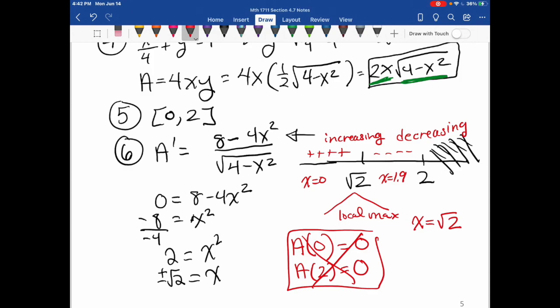Now to actually find the area, I would plug the square root of 2 in, and we will get 4. So the area is going to be 4, and then whatever the units are for the length, it would be 4 inches squared or 4 feet squared. It just depends on what the units of the length are. So when x is the square root of 2, the maximum area would be 4.